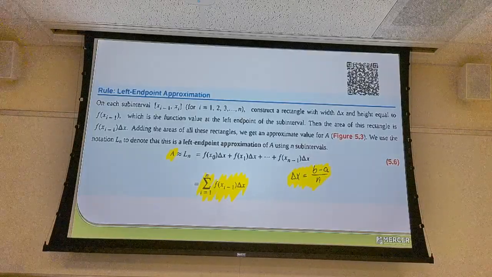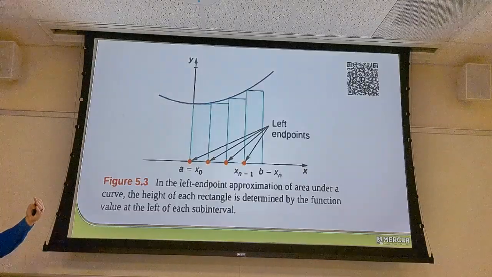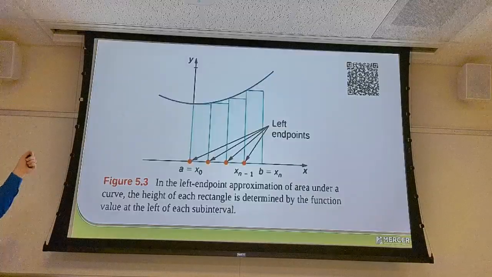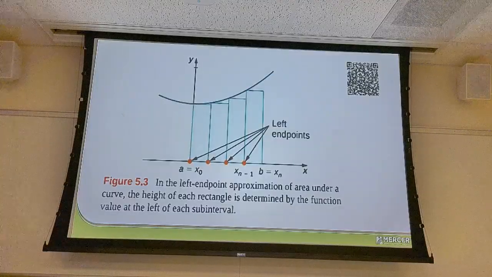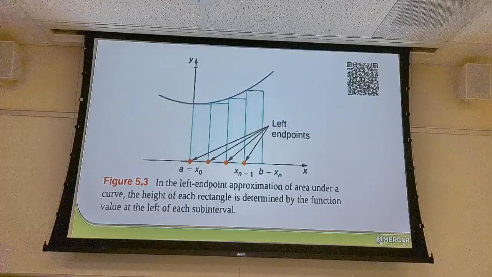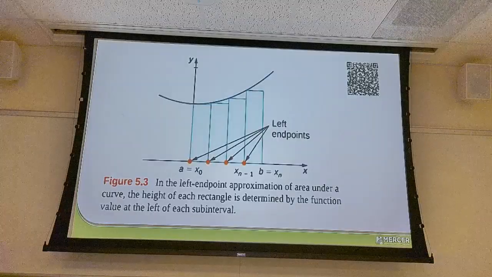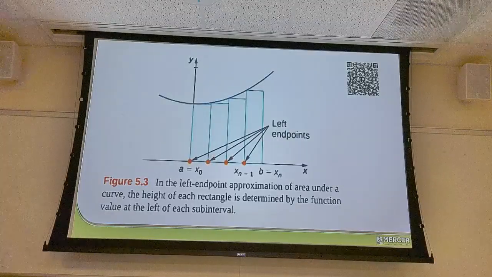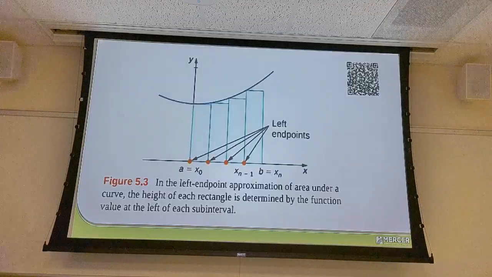So this is what we are doing, right? We have the curve, we form rectangles, where the height is determined by the left endpoint of each subinterval. And the length, or the width, is delta x. Well, if we have left endpoints, we must also have right endpoints. And where there's a left, there must also be a right.